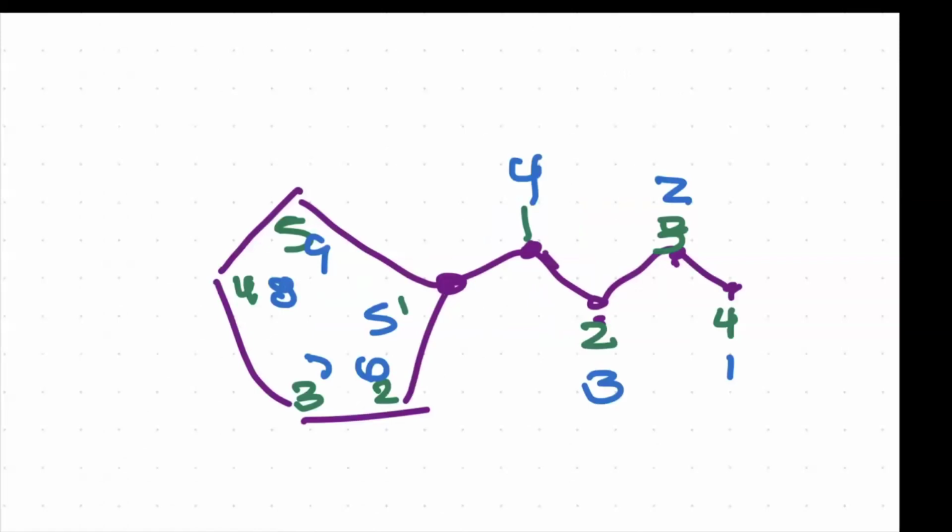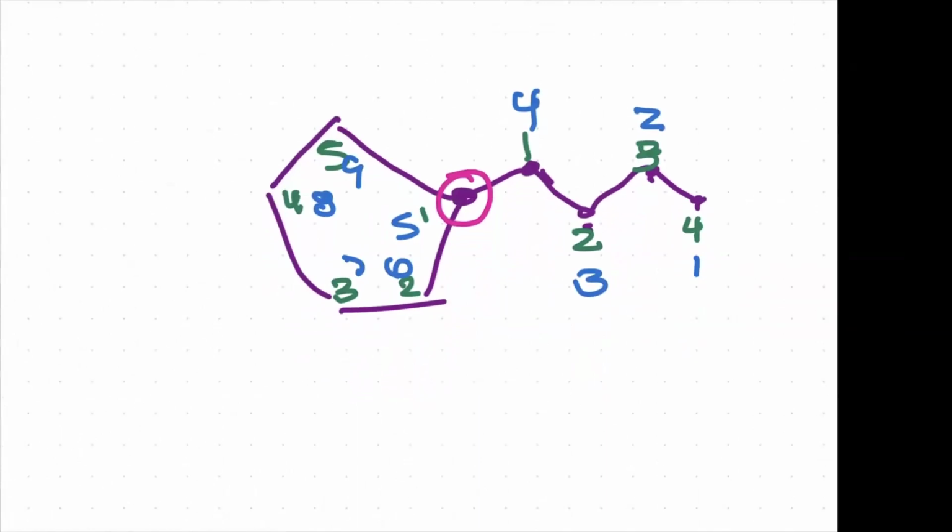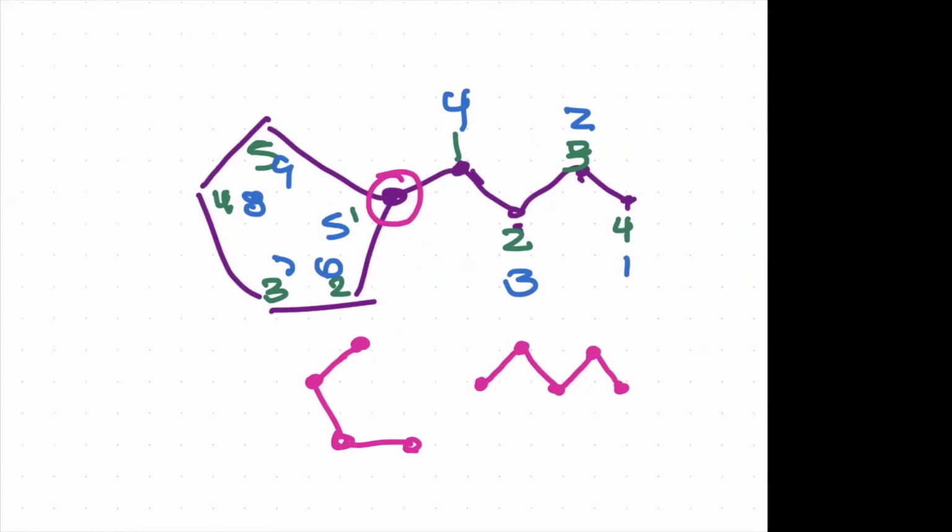Where you have this one carbon here, that carbon is the ring. Think of it like this: if you didn't have that carbon, it would look like that. The ring wouldn't be complete, the ring wouldn't exist. You would have this, and then you would have 1, 2, 3, 4, 5, right?